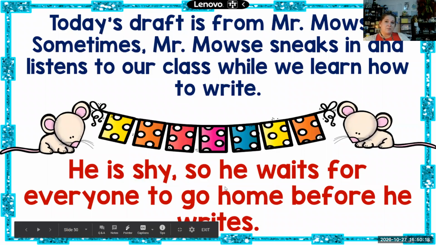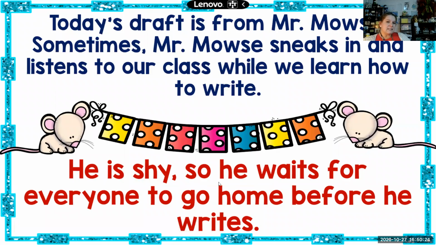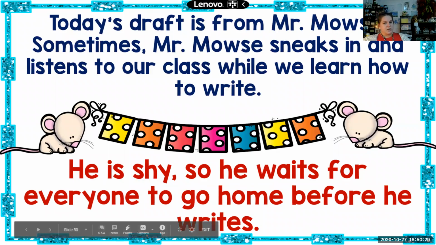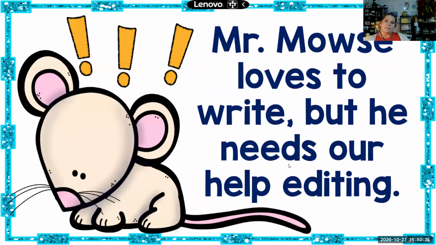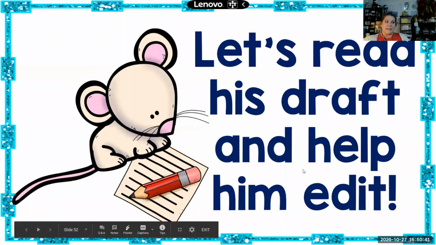Today's draft is from Mr. Mouse. And sometimes Mr. Mouse sneaks in and listens to our class while we learn how to write. He's so shy, so he waits for everyone to go home before he does his own writing. So Mr. Mouse loves to write, but he needs our help with editing. So let's read his draft and help him edit.